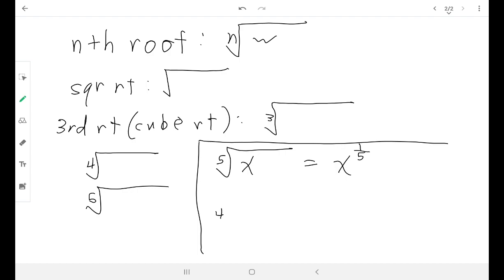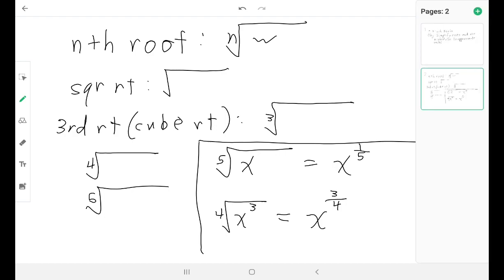If you're taking, let's say, the fourth root of something and then you raise it to something else, that is that thing raised to, in this case, the 3/4 power. Roots are fractional powers. That's what they are. Okay? So that will wind up helping us quite a bit in what we're trying to do here. Okay? So let's simplify some of these.